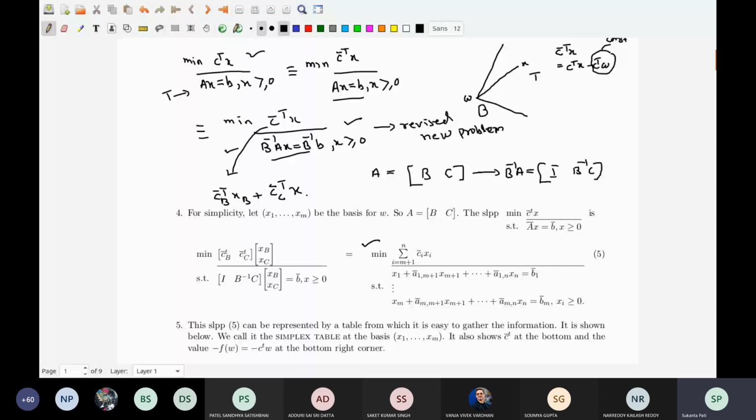But then CB transpose is always 0. That we already know. So automatically this much will remain, CC transpose XC, which is equal to the sum over i running from m plus 1 to n of Ci bar Xi. That is minimized over, it will come out to be this only.